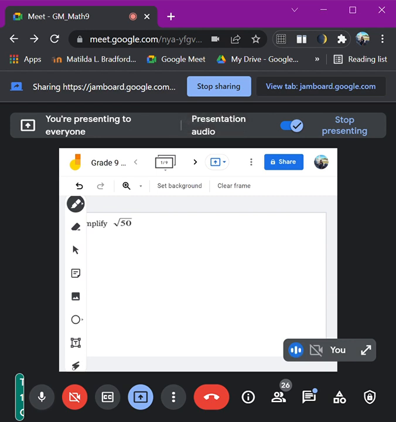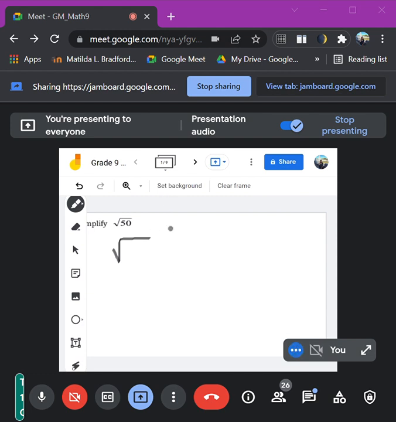So, the square root of 50 is not a perfect square number. Since our first way is reducing the radicand, and our radicand here is 50, we're going to find factors of 50 that can be square rooted. So, what are the factors of 50, class?